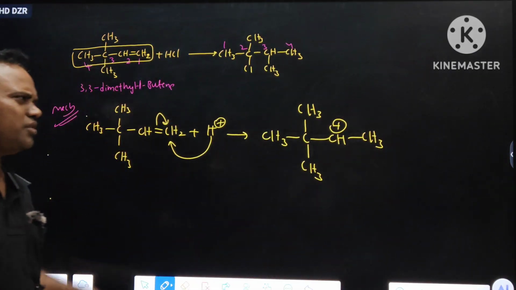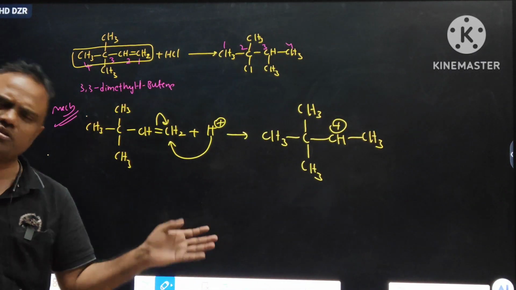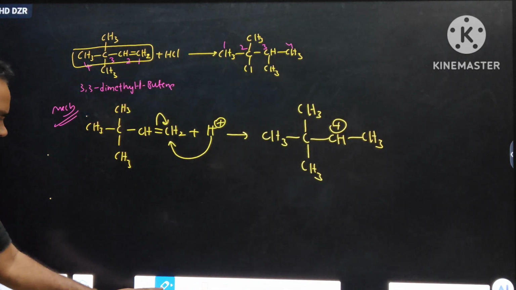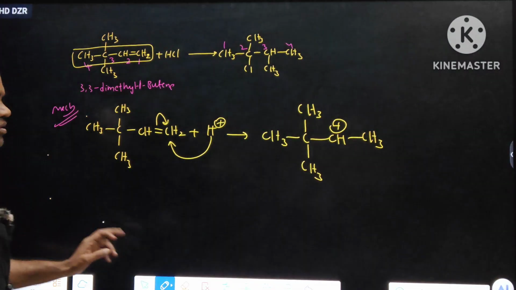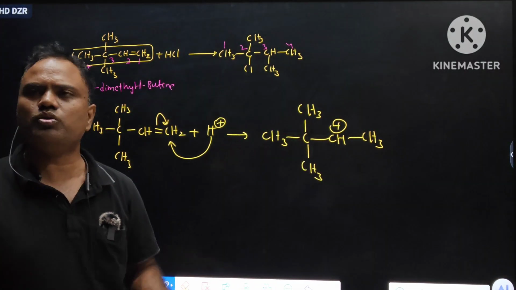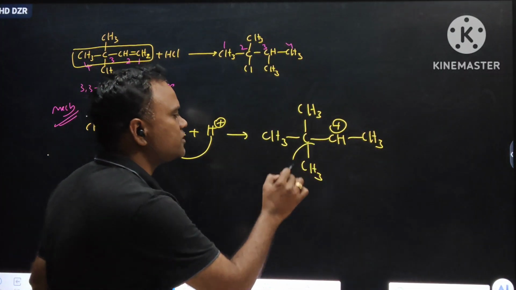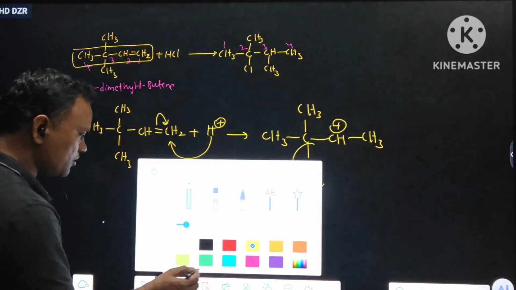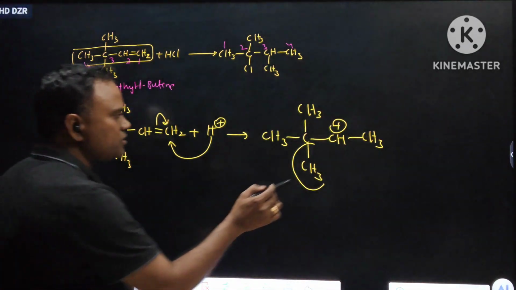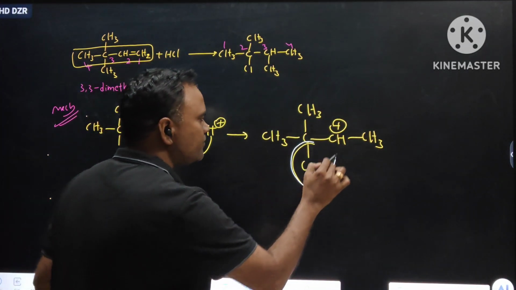You need not take a first step, second step, third step; you can do it directly. This is which degree carbocation? 2 degree. A methyl shift takes place, because the hydrogen is not there. So methyl shifting takes place.